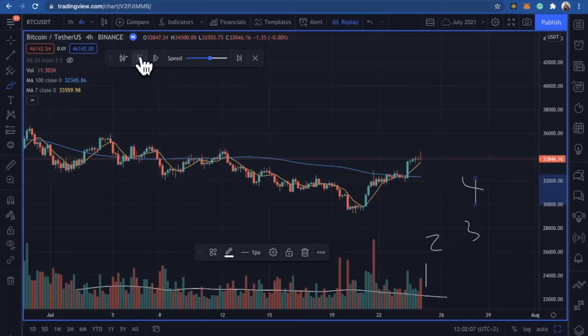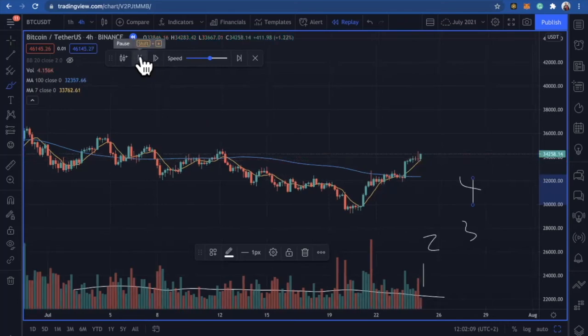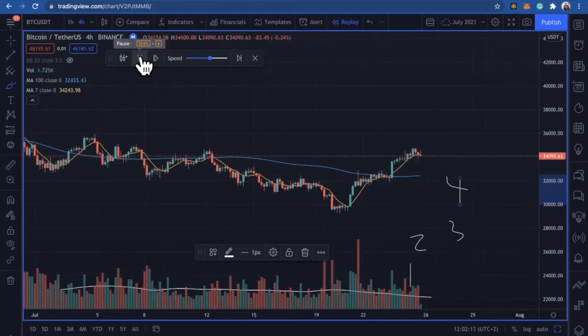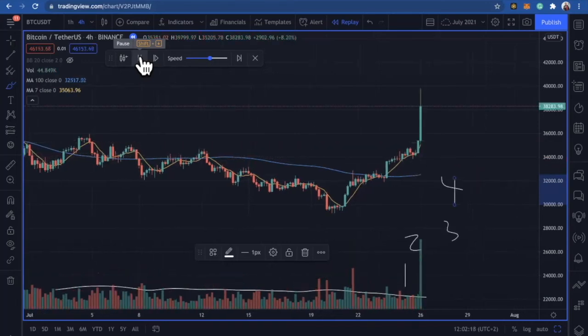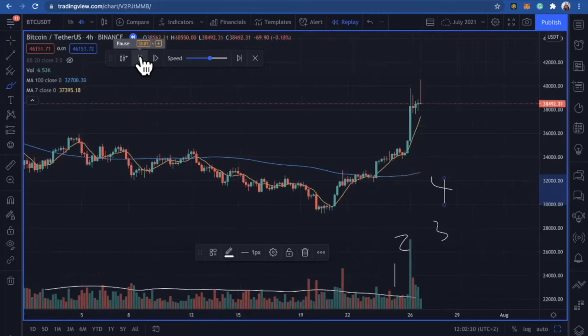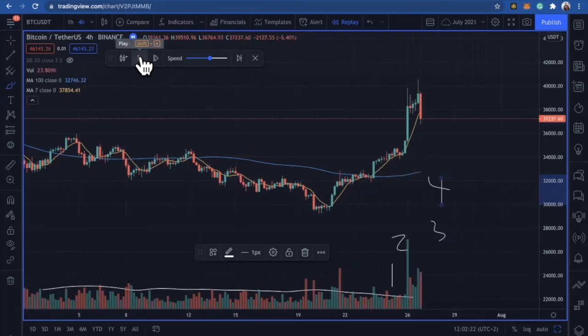So let's continue and see how it plays out. There we see it bounces off the 7-day moving average, tries to break it, and it continues. So it keeps testing it.